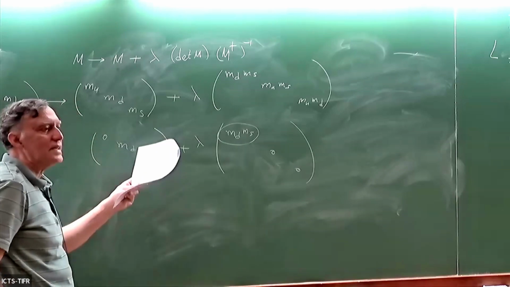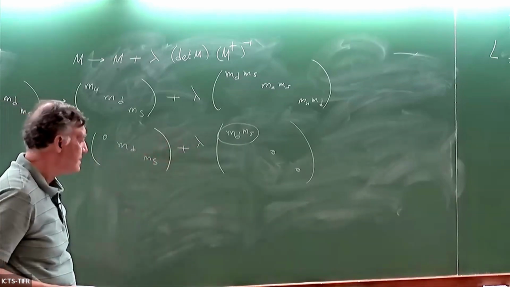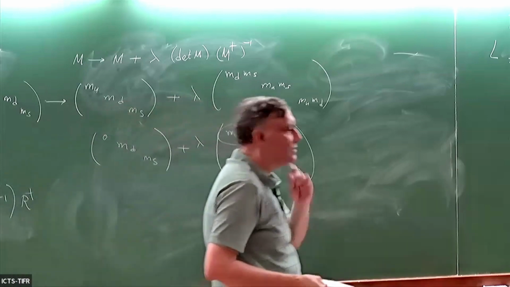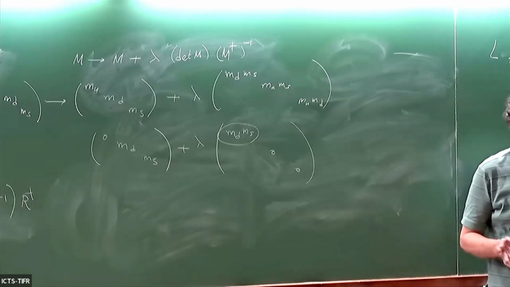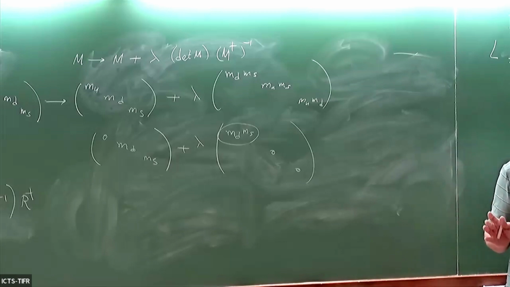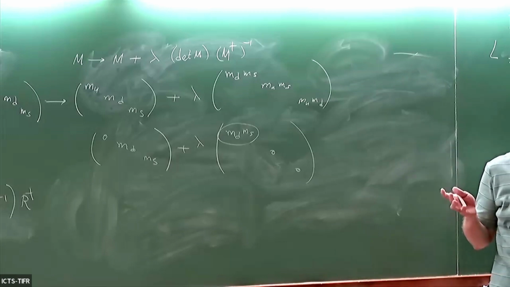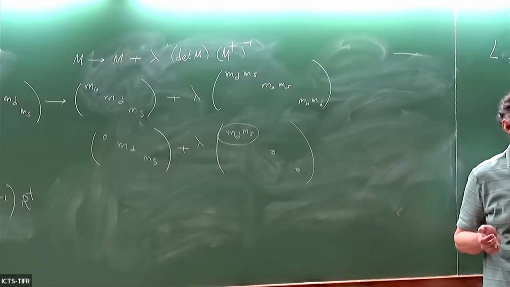And so we argued at that time that, well, when you had a lambda which was consistent with the power counting, maybe twice as big or something, chiral perturbation theory would work, and you could have an up quark mass which was 0, and the strong CP problem would be solved.